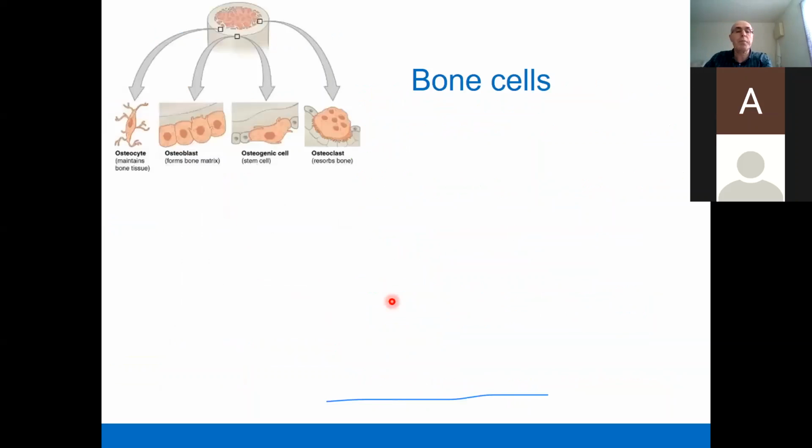Okay. Now let's talk about the bone cells. We have four really important types of bone cells, and each type has an important function. You also need to know the bone cells and their functions.